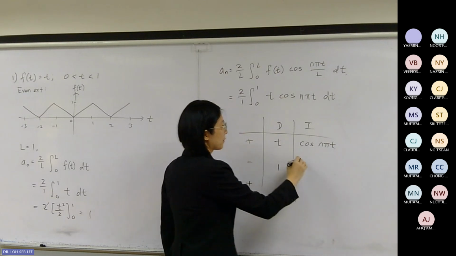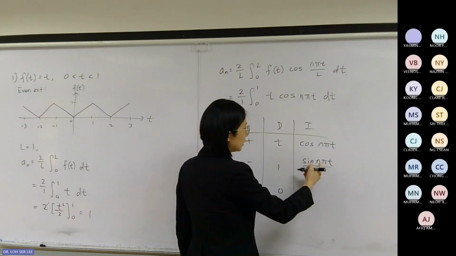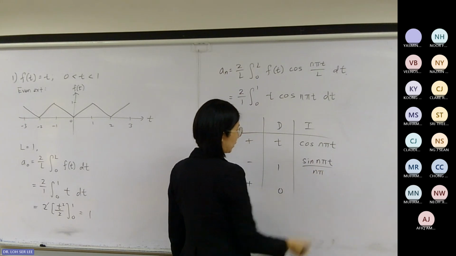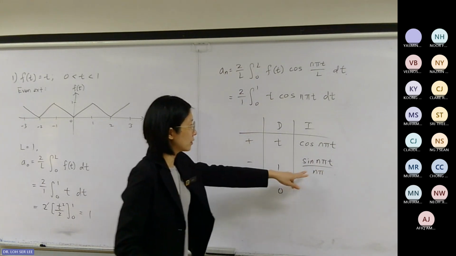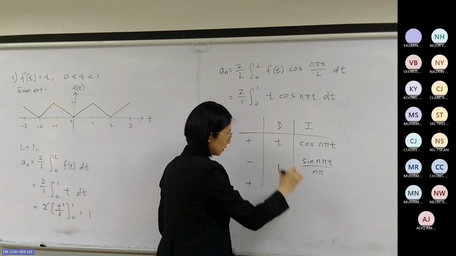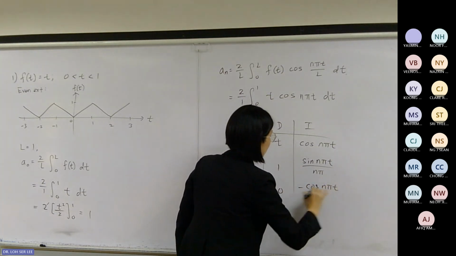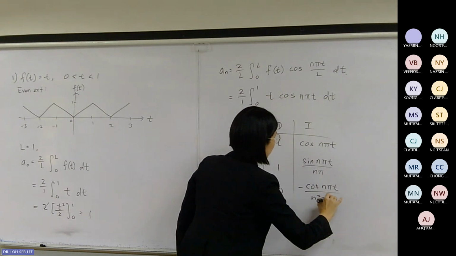Integrate cos to get sine, so sin n pi t over n pi. Differentiate t with respect to t, you get 1. Then integrate once again, negative cos n pi t over n squared pi squared.